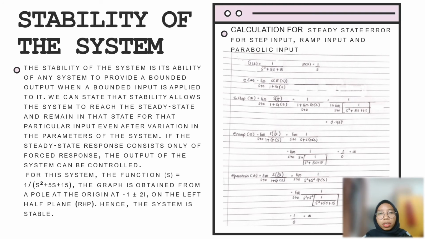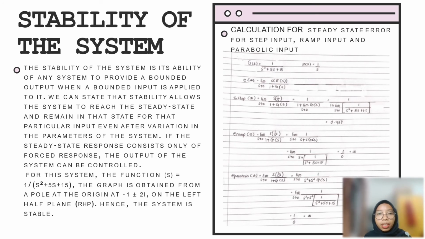The stability of the system is the ability of any system to provide a bounded output when a bounded input is applied to it. We can also state the stability as the ability of the system to reach the steady state for the particular input even after variation of parameters of the system.